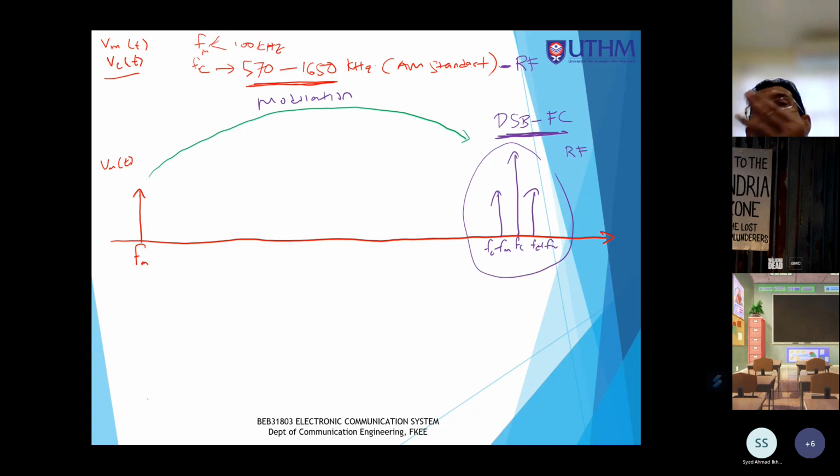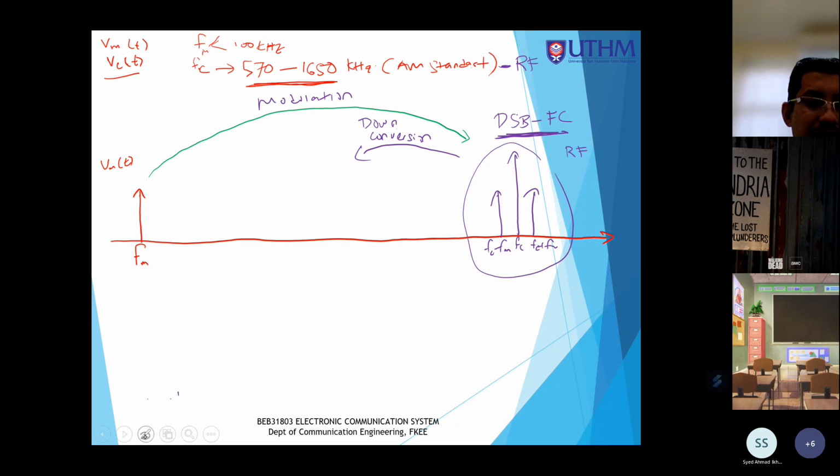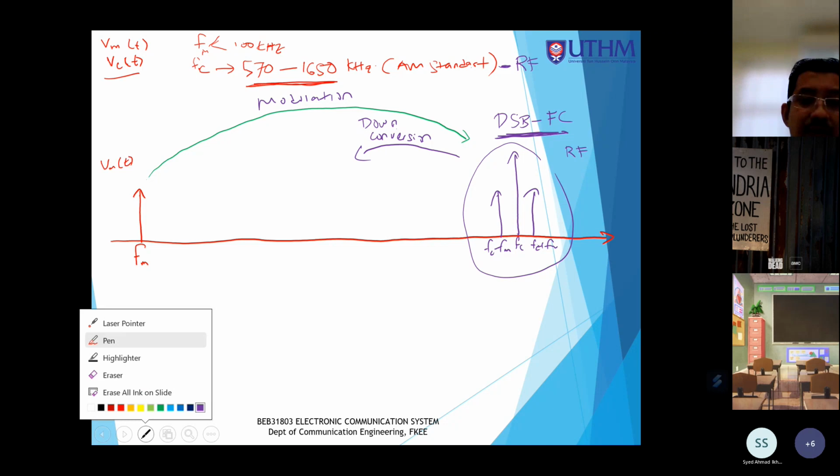But before the demodulation process, ada lagi satu step yang kita panggil sebagai down conversion. Apa itu down conversion? Down conversion means that kita akan reduce the frequencies, kita akan reduce kepada satu frekuensi intermediate frequency.